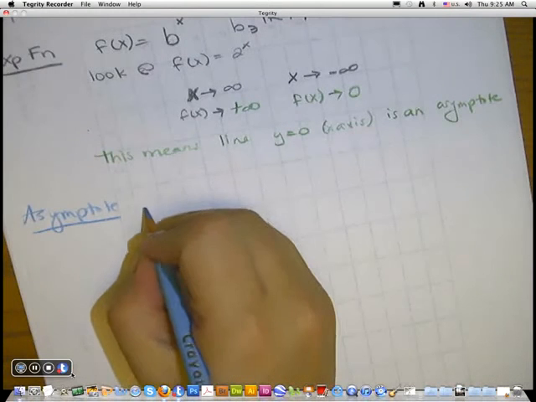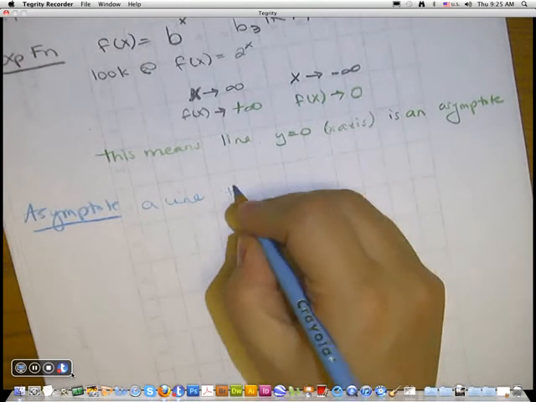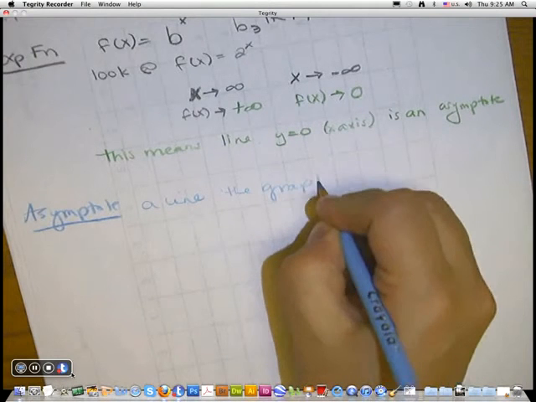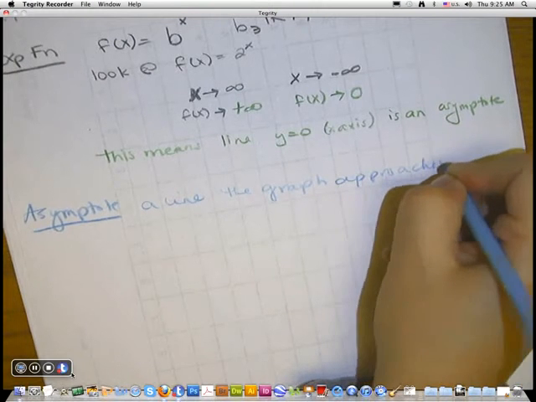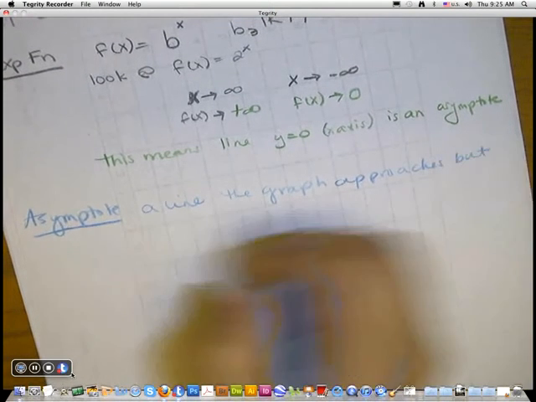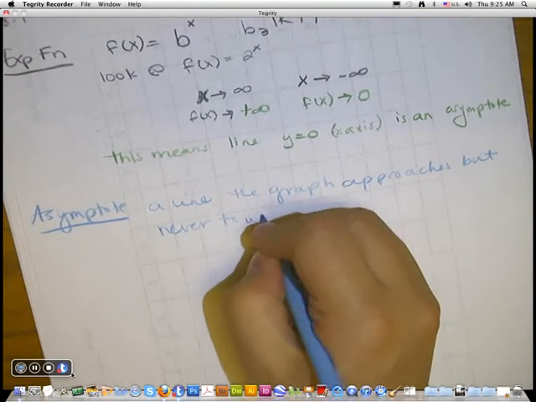An asymptote is a line the graph approaches but never touches.